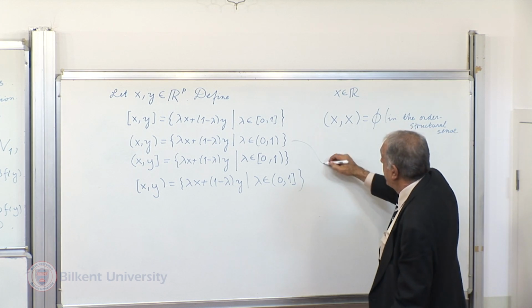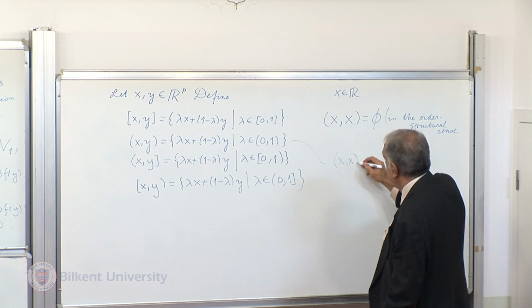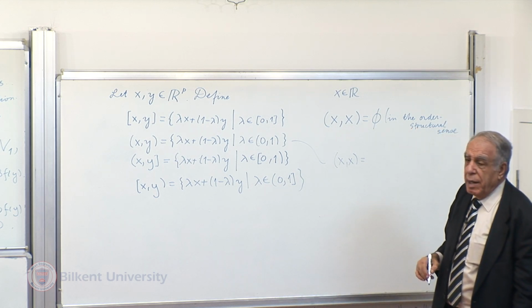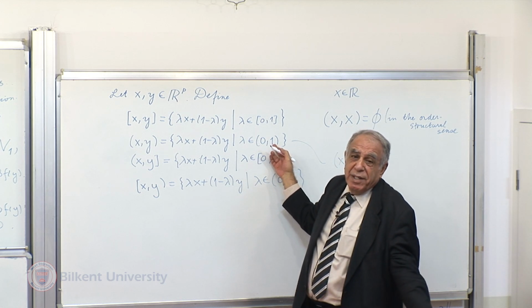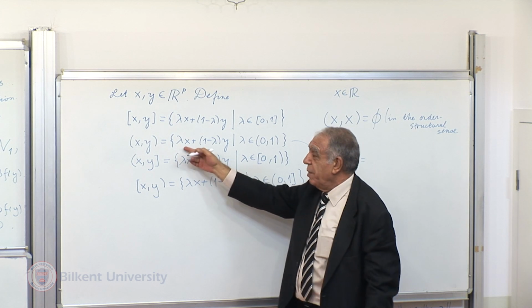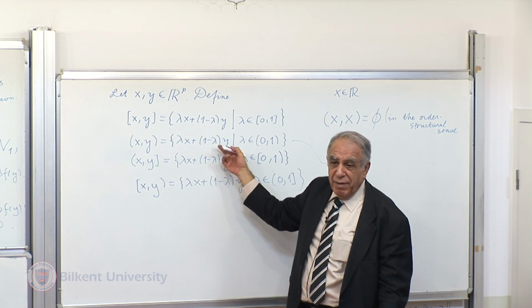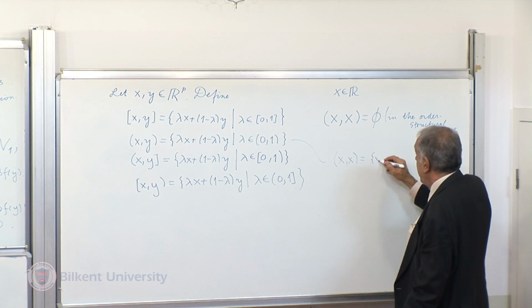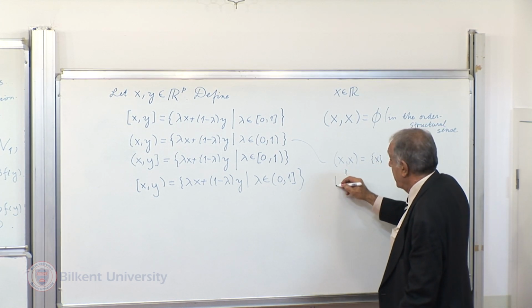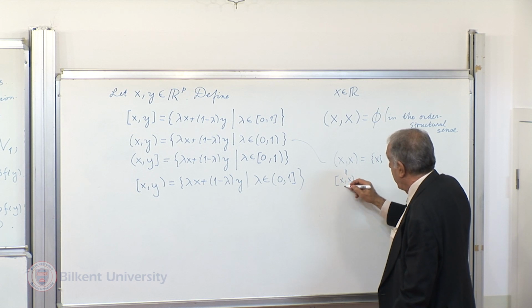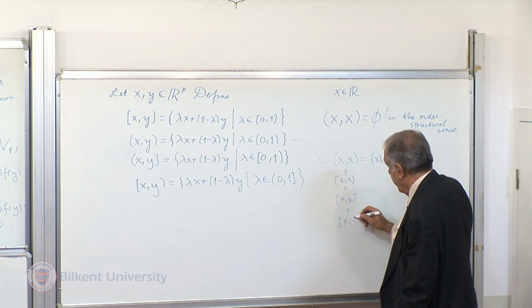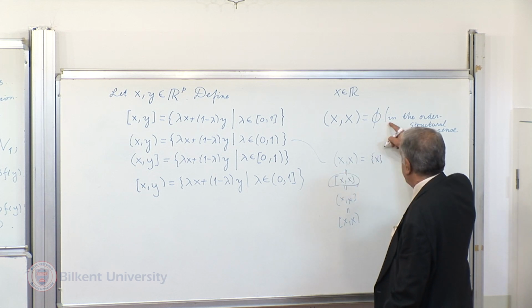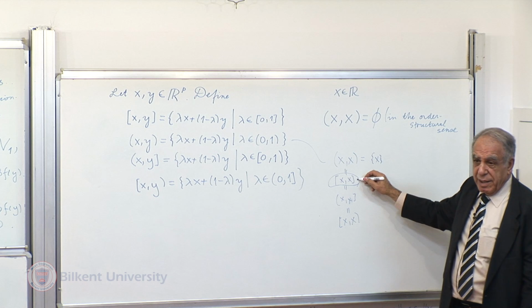But from here, what's (x, x)? Well, this only excludes 0 and 1. Well, for example, 1/2 is in here. Take 1/2, you'll have 1/2 x plus 1/2 x, that's x. This will be singleton x. In fact, this will be true for all x. And the coincidence with this will be only in this case.